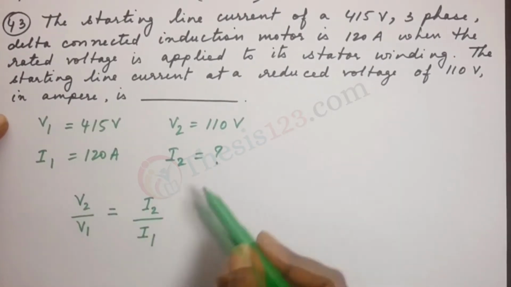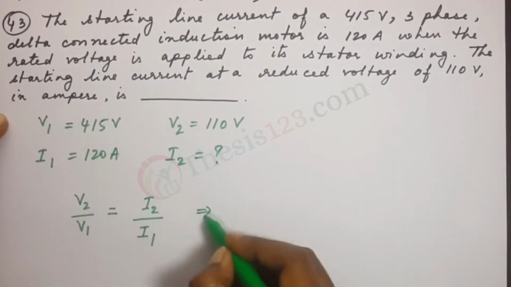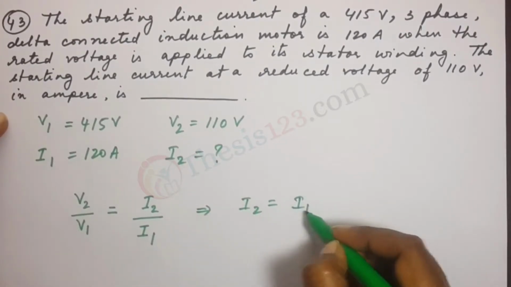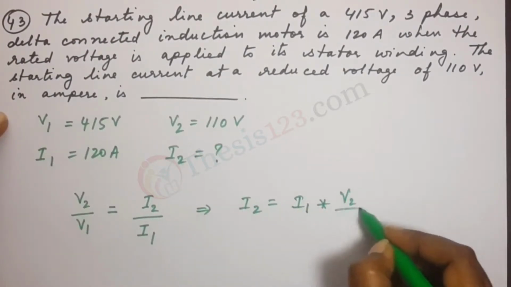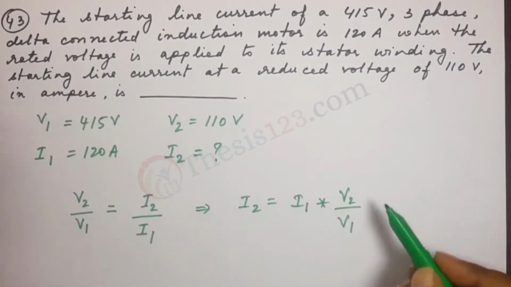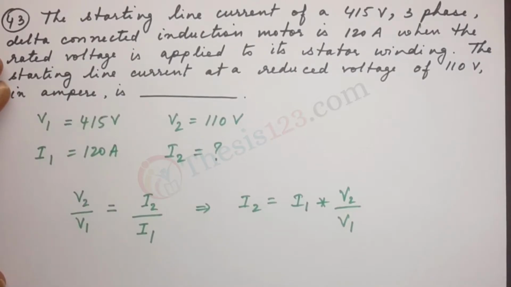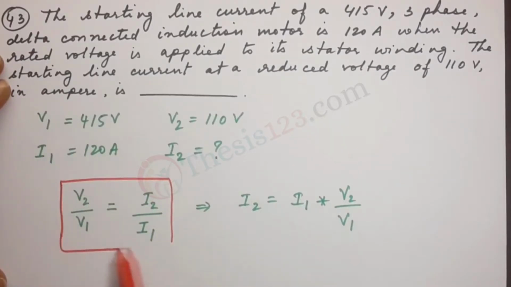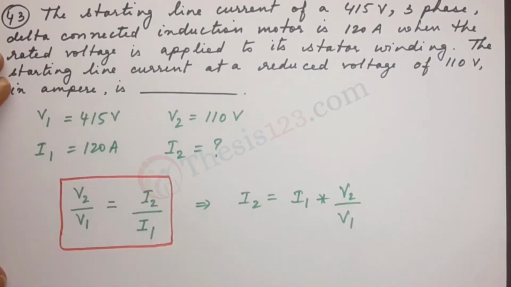Now if we use this in order to find I2, I2 is equal to I1 into V2 by V1. Right? Let's substitute our values. I'll just highlight this formula here. This is the relation that you will have to remember. V2 by V1 is equal to I2 by I1.